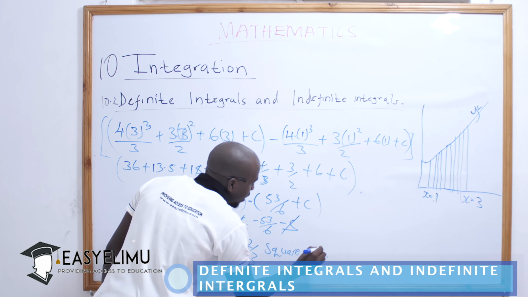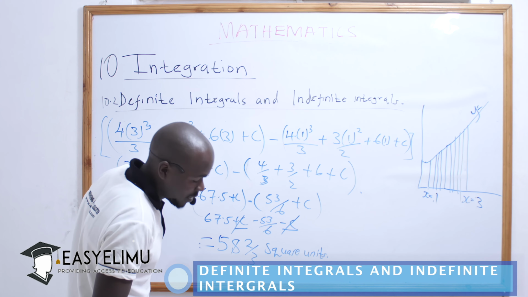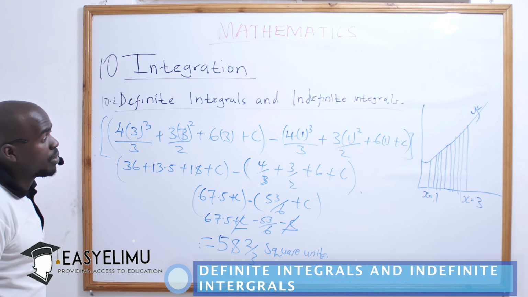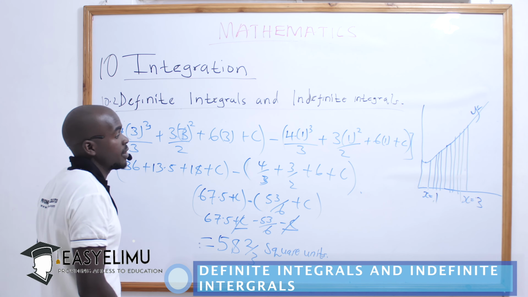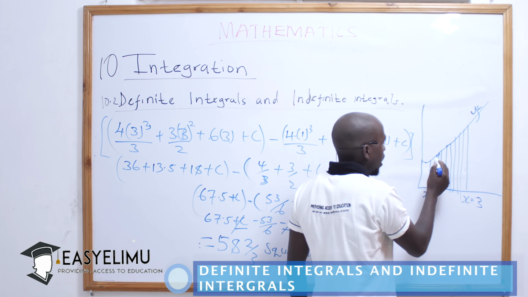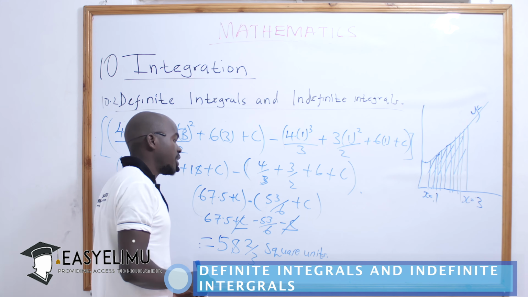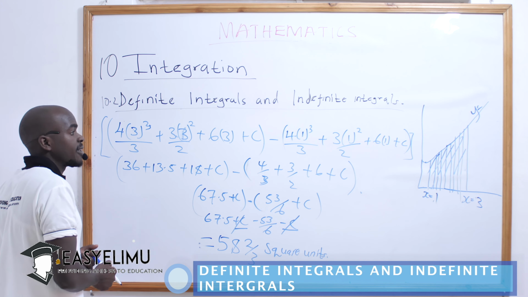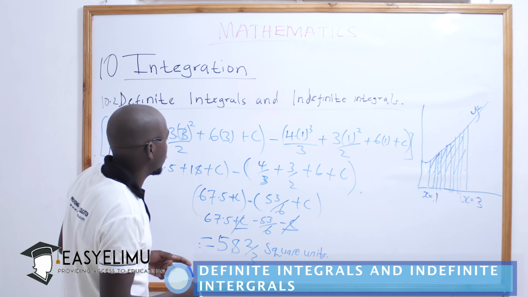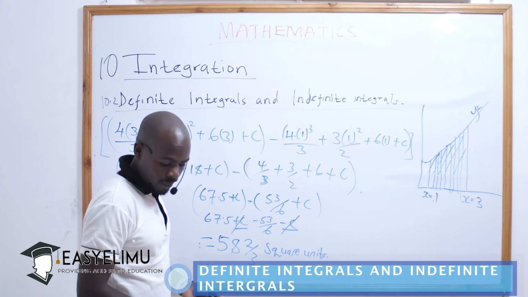That is the exact area of the given integral from x equals 1 to x equals 3. That means the area under this curve is 58.6667, or 58 and 2/3 square units.